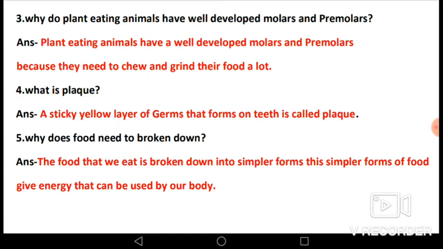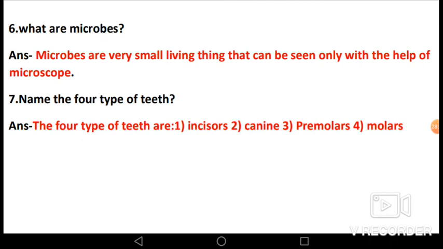Fifth is why does food need to be broken down? The answer is the food that we eat is broken down into simpler forms, and these simpler forms of food give us energy that can be used by our body. Next is what are microbes?